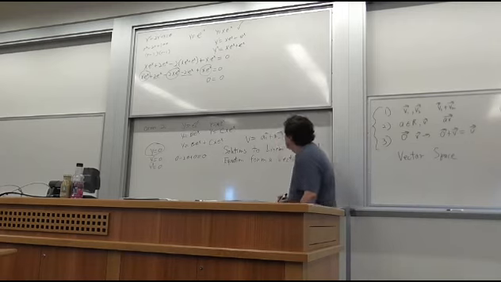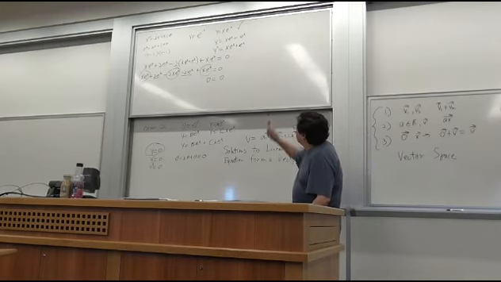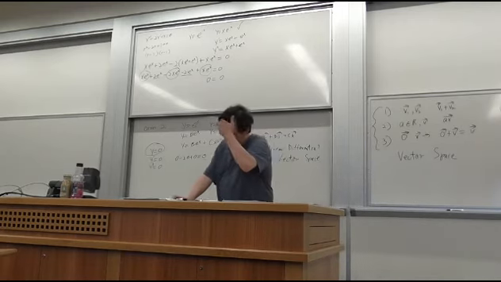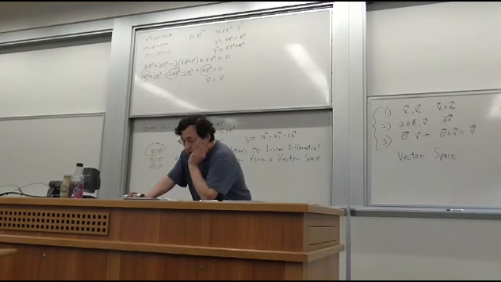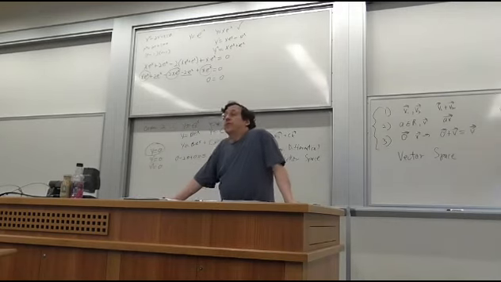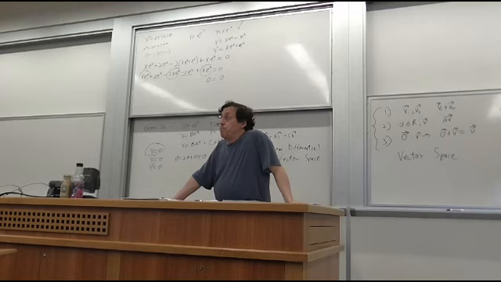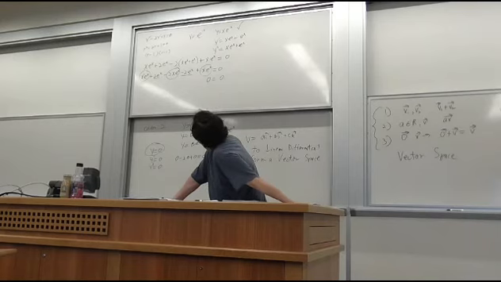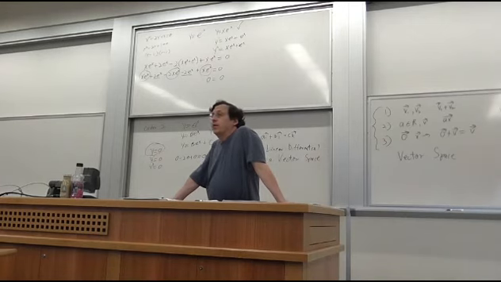Now, let me just ask a question about that differential equation. What's the dimensionality of that vector space? The y double prime minus y prime plus y equals 0. What's the dimensionality of it?